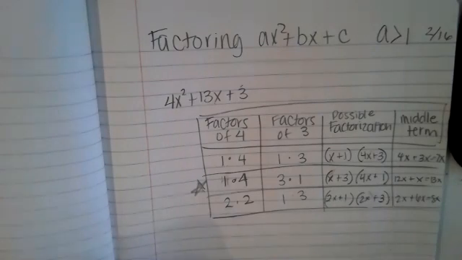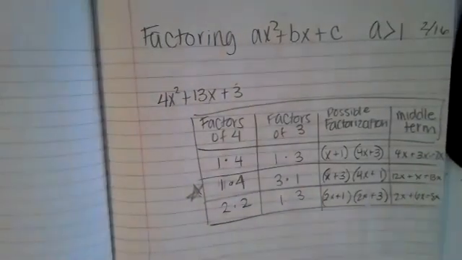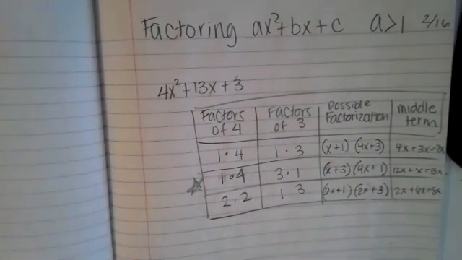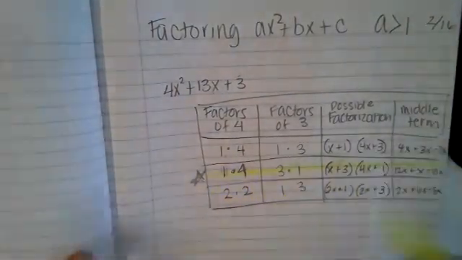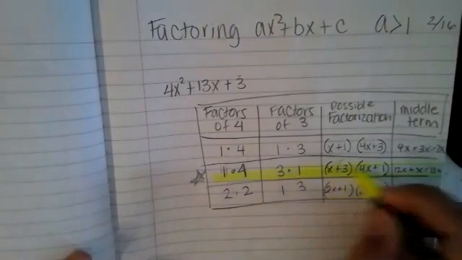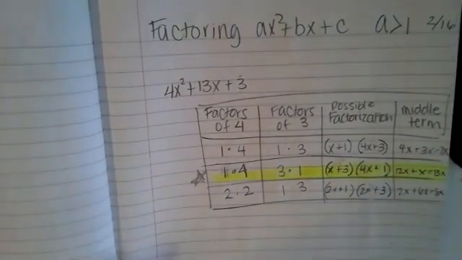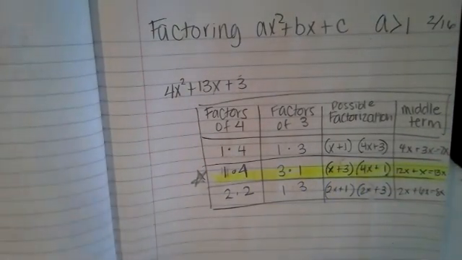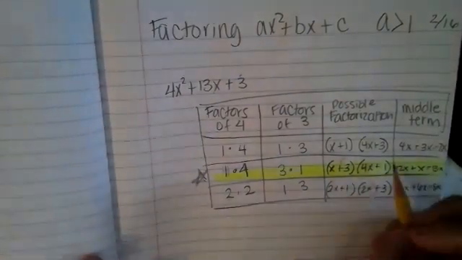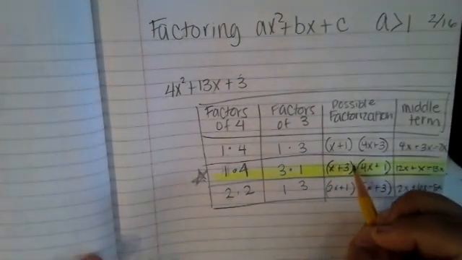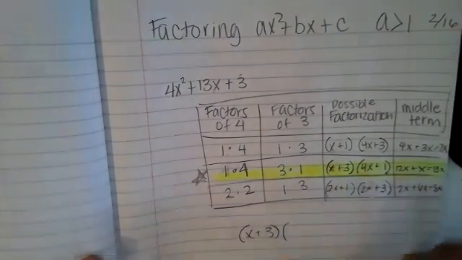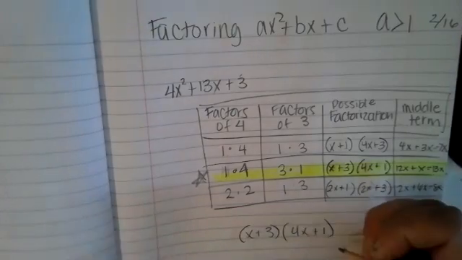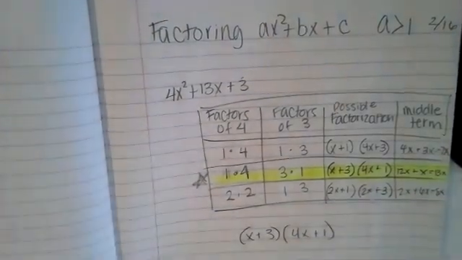So now that we have this line here that created my middle term, this one gives me the correct information. I'm going to take that and use the possible factorization as my answer. So x plus 3 times 4x plus 1. There we go.